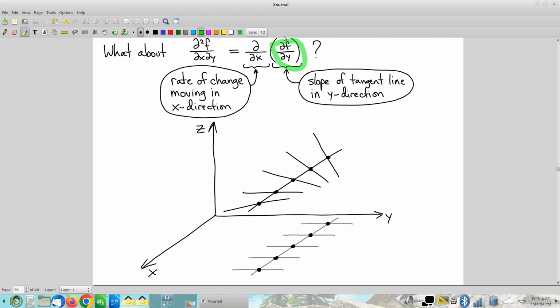So specifically here, going in the y direction, if I were to look up onto the graph as I move in the y direction down here in the domain, let's suppose that the tangent line were like that, let's say.